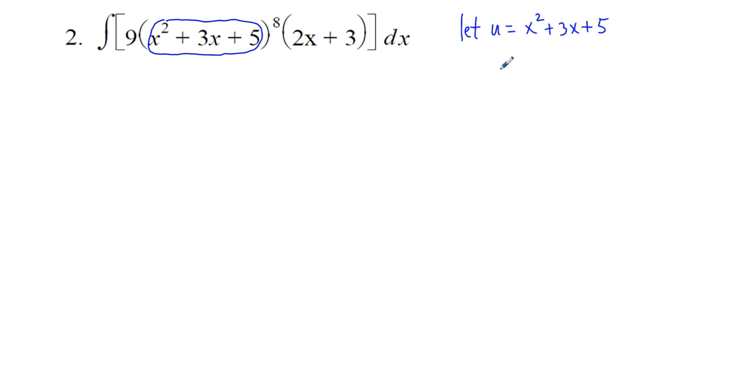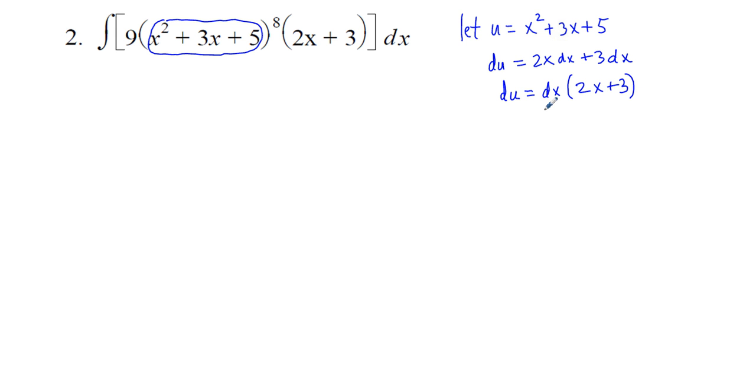And then du equals 2x dx plus 3 dx. And then du, therefore, is equal to, we factor out the dx, so we have dx times 2x plus 3.